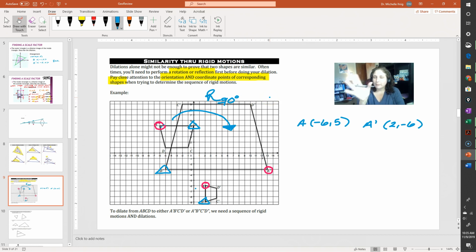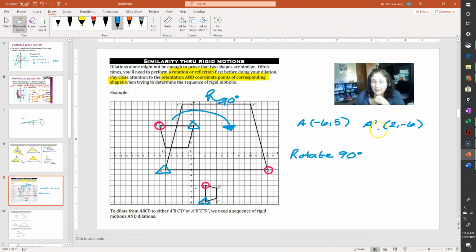After I rotate it 90 degrees, let's see where the new points would be. We've done our hand gestures before, so we know that every time we rotate 90 degrees, the points flip-flop, and they also take the signs of the new quadrant.